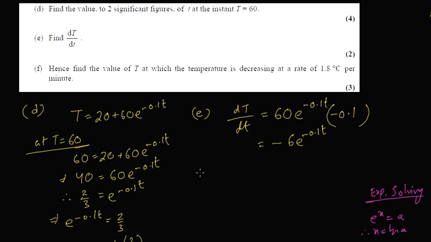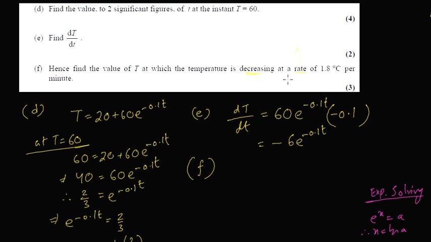This is the rule. Now question number F is, find the value of T at which the temperature is decreasing at a rate. Remember, decreasing means something is negative, rate means something by dt. If I say temperature rate, it means d temperature by dt. If I say rate of y, it would be dy by dt.